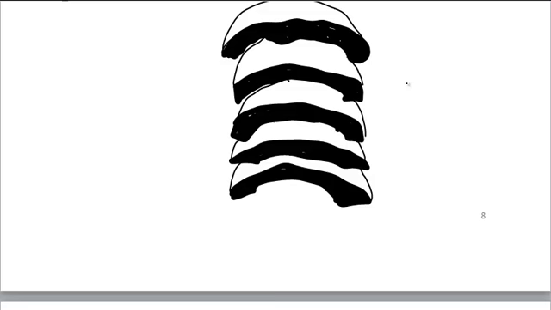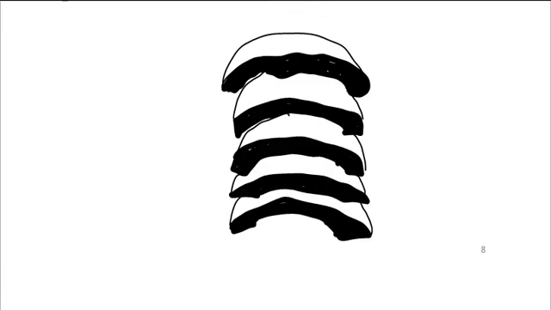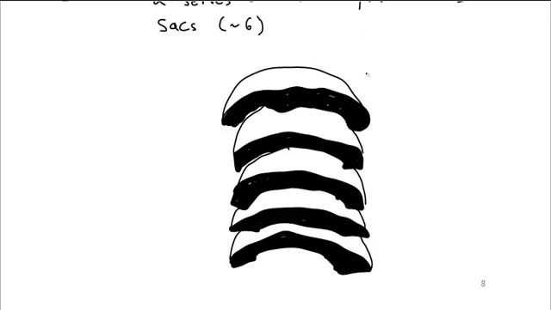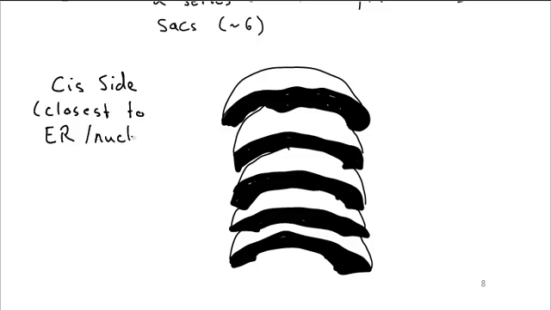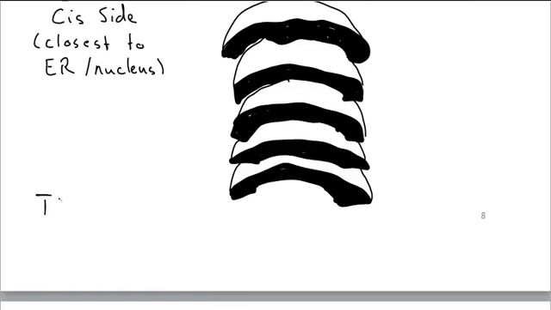And in that above picture, there was a comment that you had a cis side, which is closest to the ER/nucleus. And then you have the trans side, which you could say either is farthest from the ER/nucleus or closest to the plasma membrane.